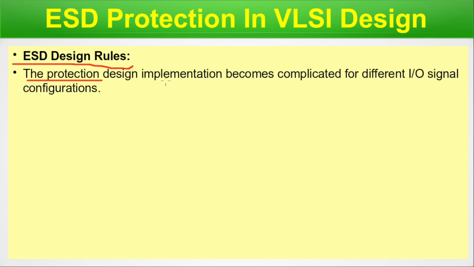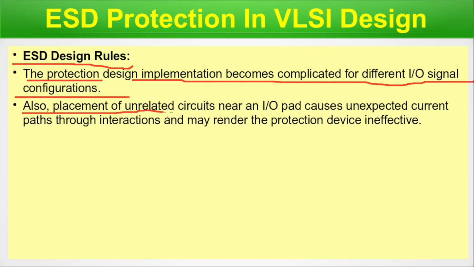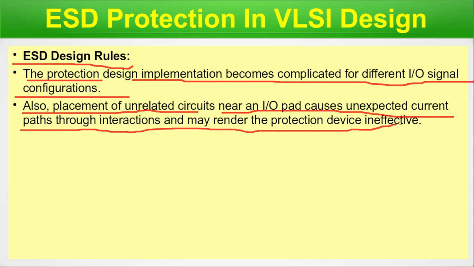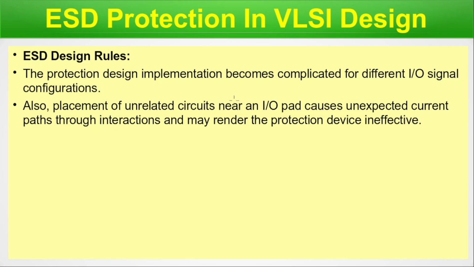The protection design implementation becomes complicated for various IO signal configurations. Also, placement of unrelated circuits near an IO pad causes unexpected current paths through interaction or may render the protection device ineffective. So these are checks that should be done by the designer, and the rules may have some of them incorporated.